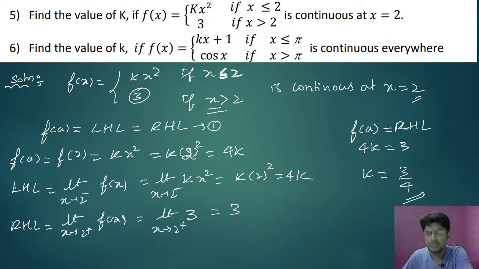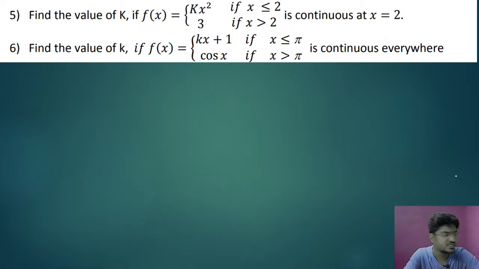So k equal to 3 by 4 is your answer. This is the solution for your problem number 5. I think everyone has understood this, so I can go for the next problem, that is problem number 6.